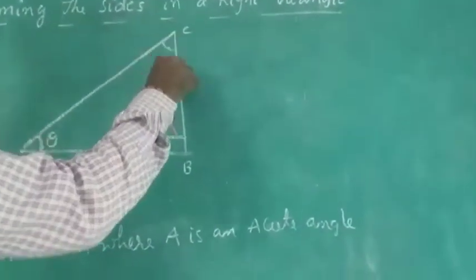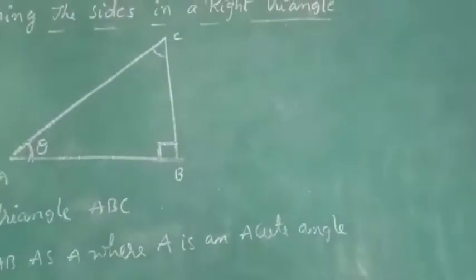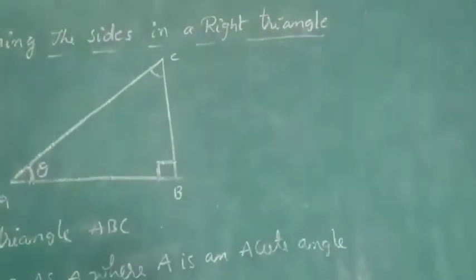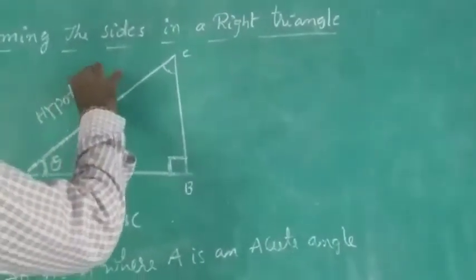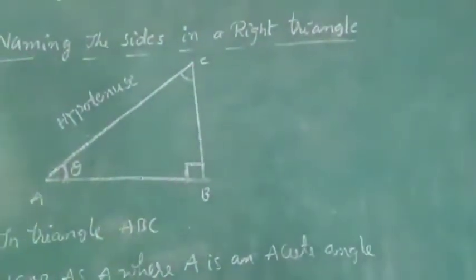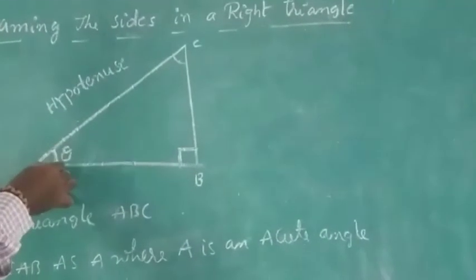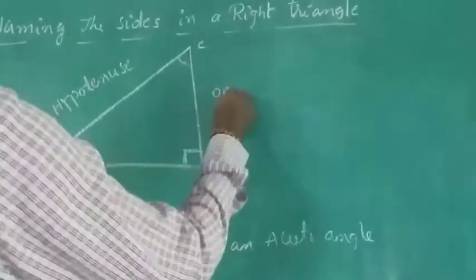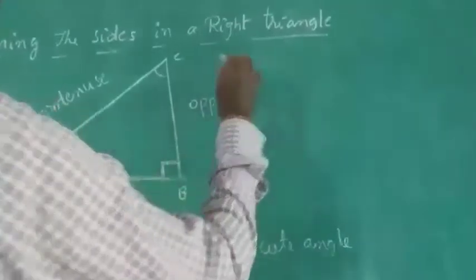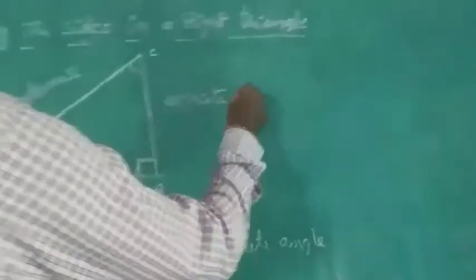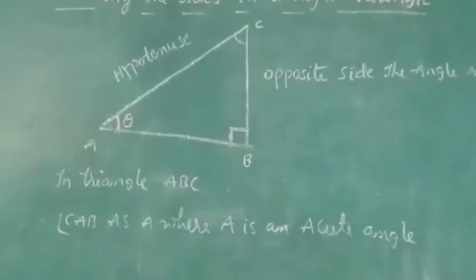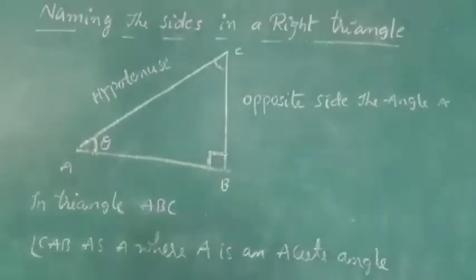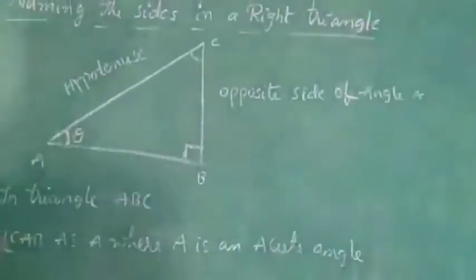This opposite side is called the opposite side of angle A. So let's write: this is the hypotenuse, and for angle A, this is the opposite side of angle A. Then what about this?